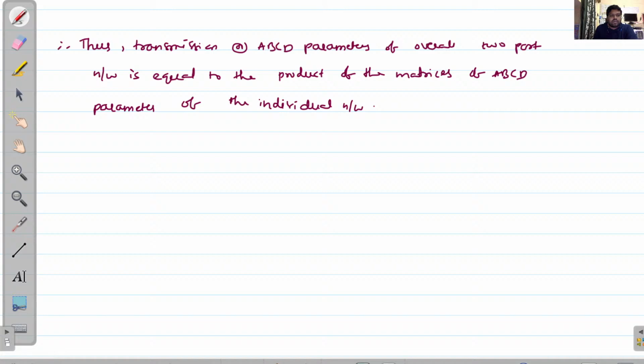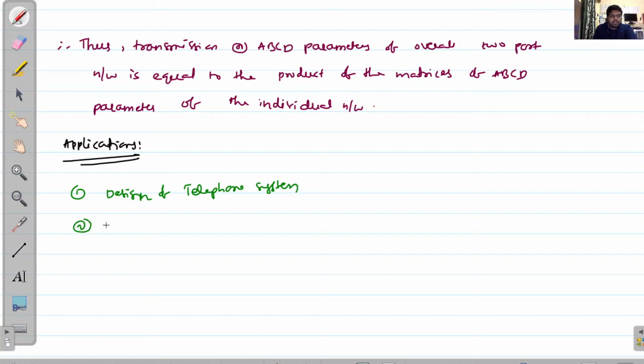And when coming to the application part, the first one is that we are using it in the design of telephone systems. This is one application, and we are using it in microwave networks also.